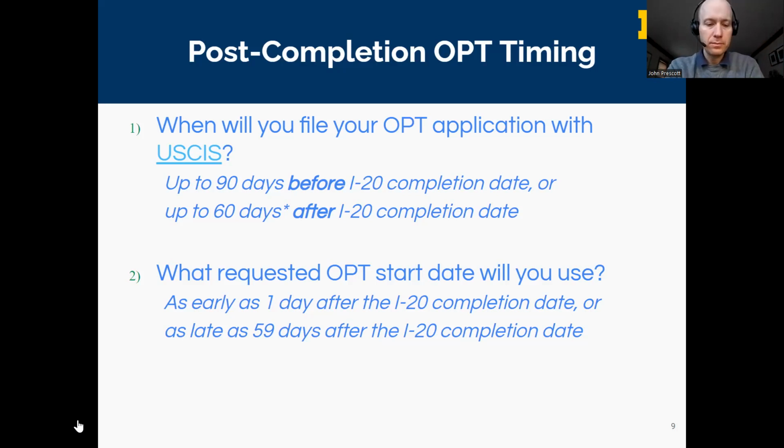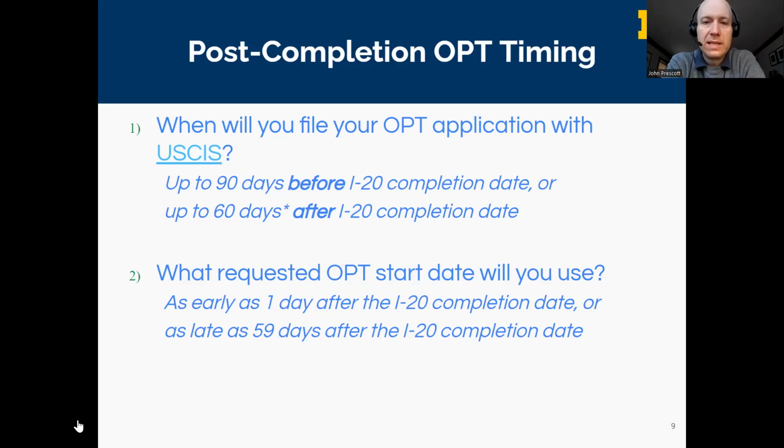But let's say for Lee, just to get some purchase on this, let's say Lee or other students on this call or on the Zoom are completing next semester. So not fall, but let's say winter. The I-20 end date for a winter 23 completion would be, I'm using the chat here, April 30, 2023.